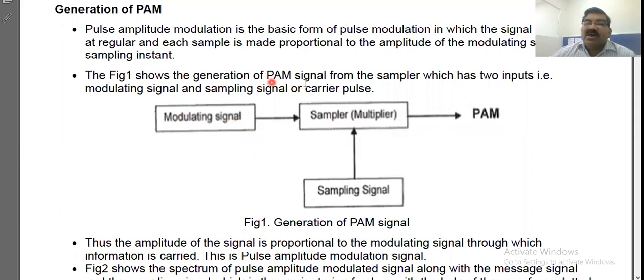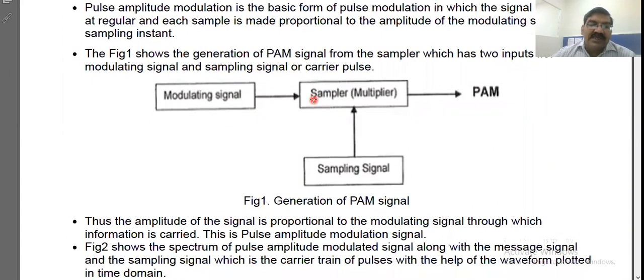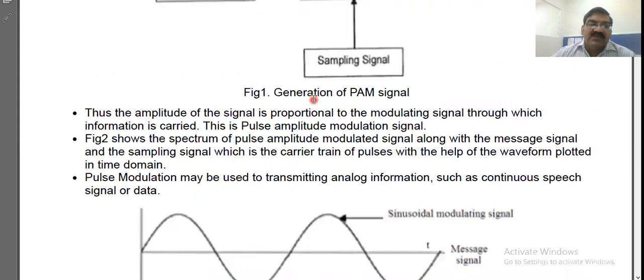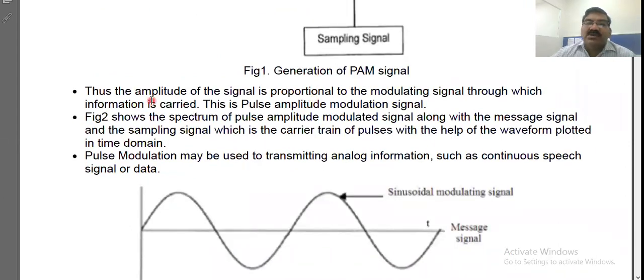The pulse amplitude modulated signal comes from a sampler which has two inputs, the modulating signal and the carrier pulse. So how is it done? Thus the amplitude of the signal is proportional to the modulating signal, through which information is carried, and this is the pulse amplitude modulated signal.